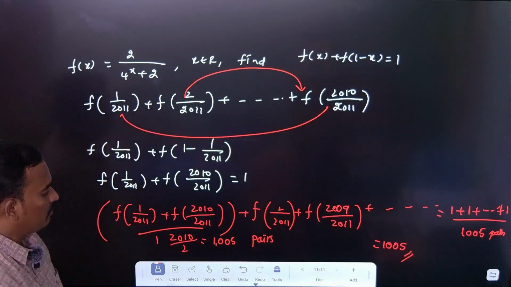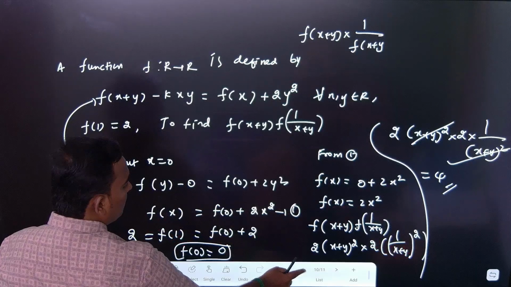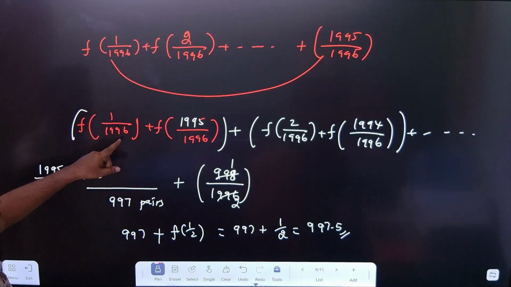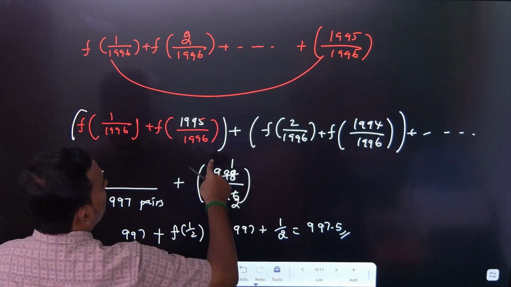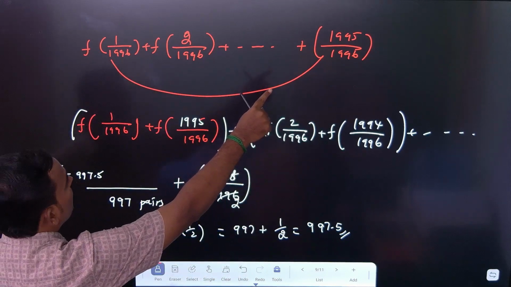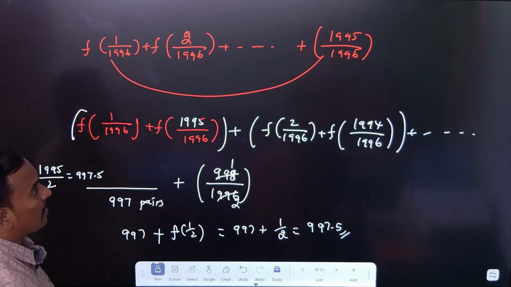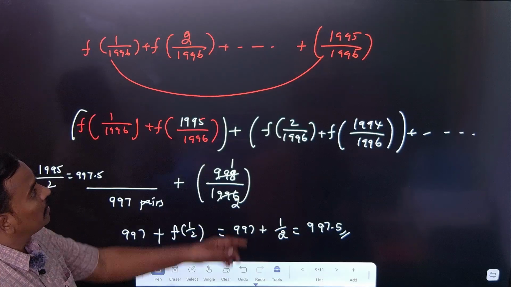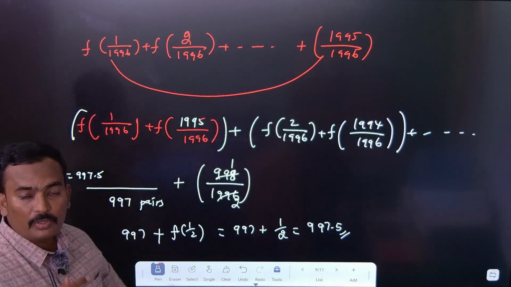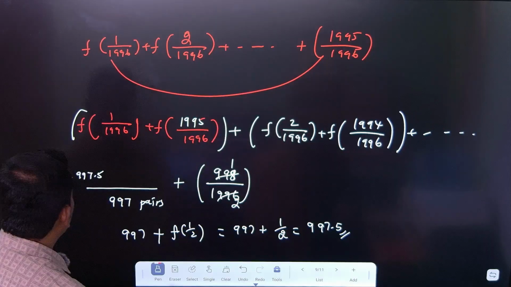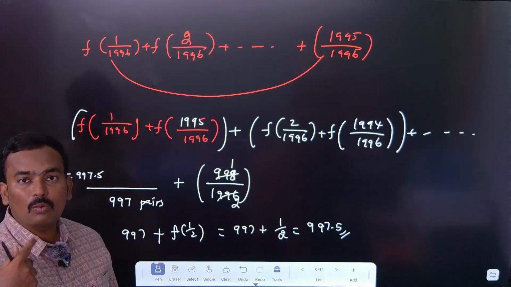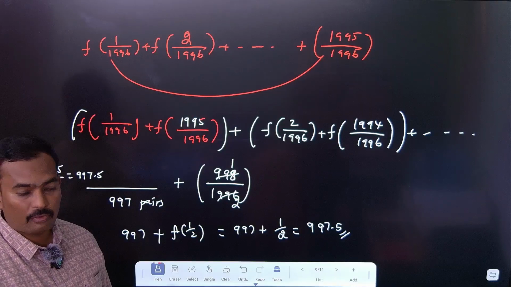Understand? And in the previous question also you can see here, f of 1 by 1996 up to f of 1995 by 1996. So how are you getting 997? Because you can see there is an odd number of terms, you can divide by 2, you will get 997.5. So the extra one term will be there, there is no pair for that.